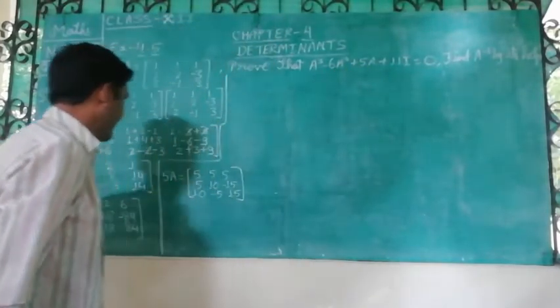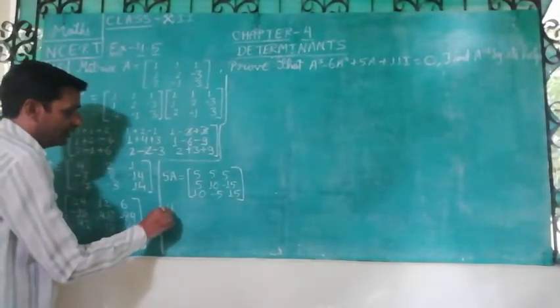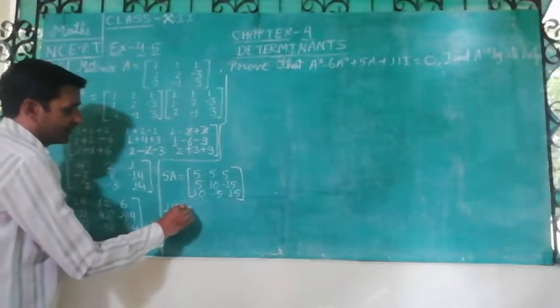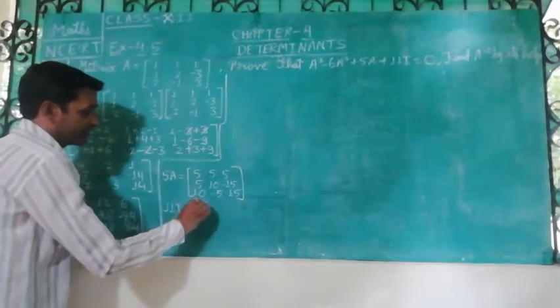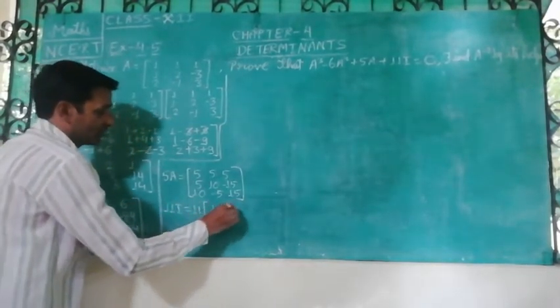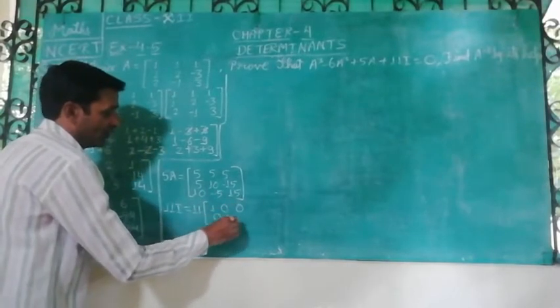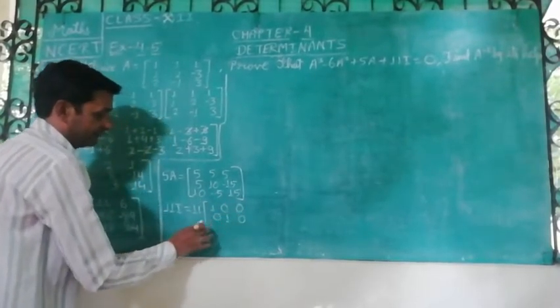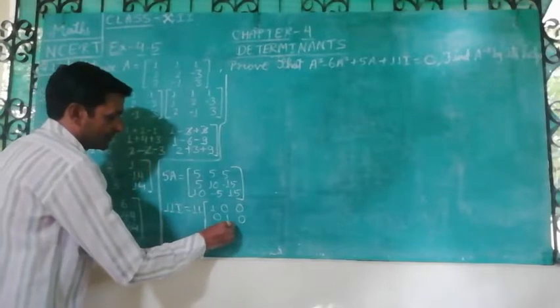Now 11I. 11I means what? 11I means 11 into [1 0 0; 0 1 0; 0 0 1].